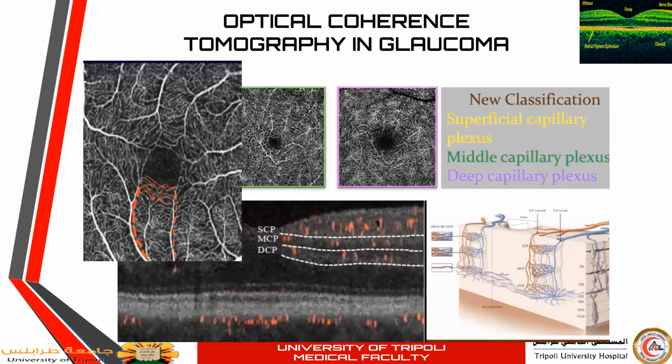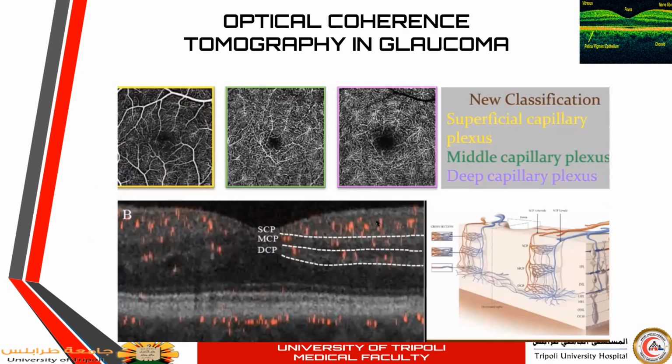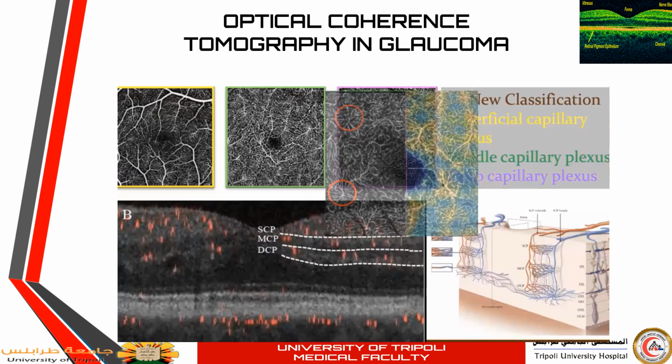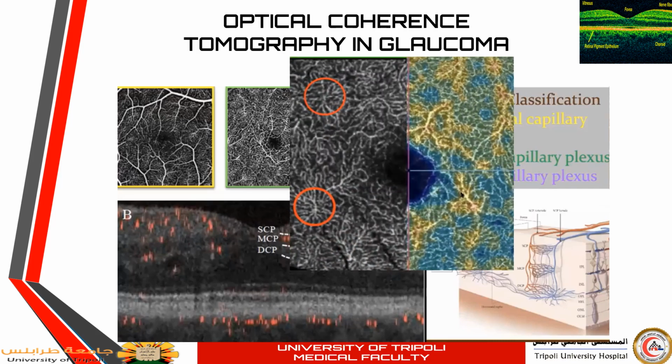Around the foveal avascular zone. The second plexus is the deep vascular plexus. You can see that it is formed by vertical descending communicating arteries between the plexus, and these arteries form a fan-like structure.